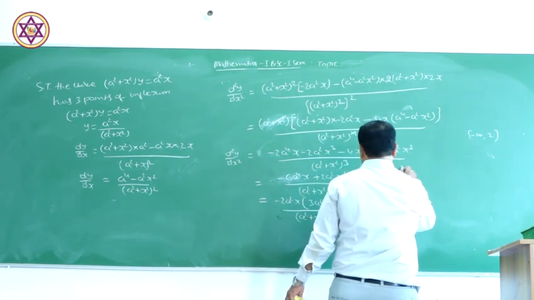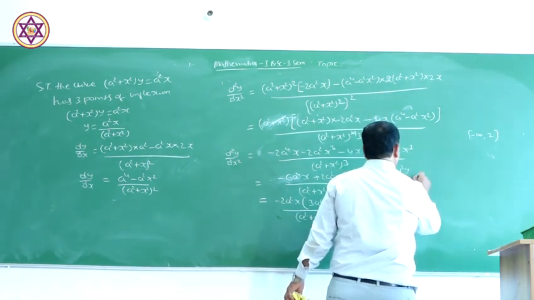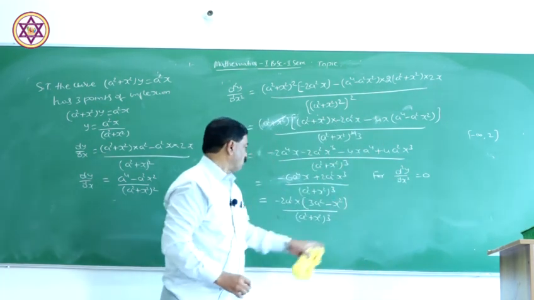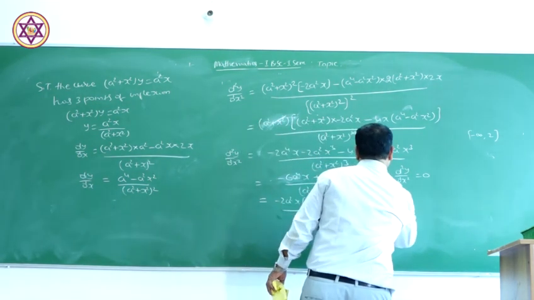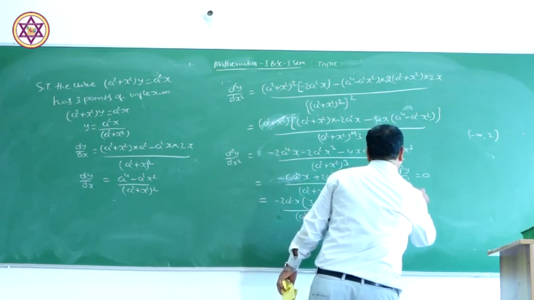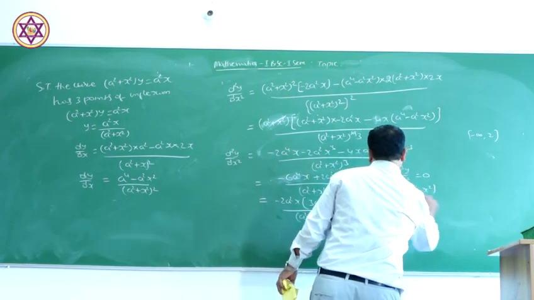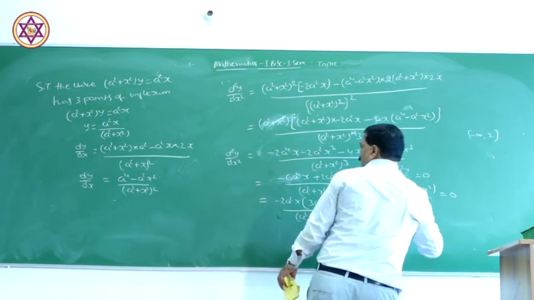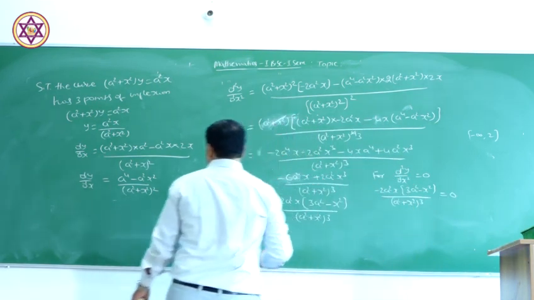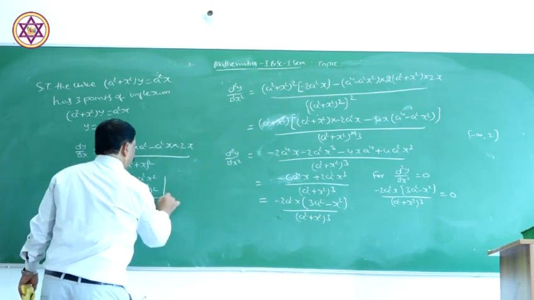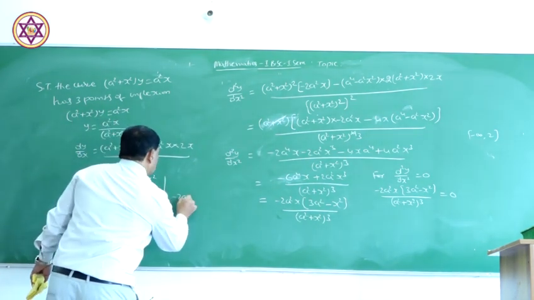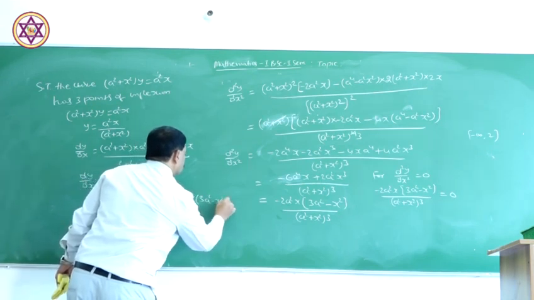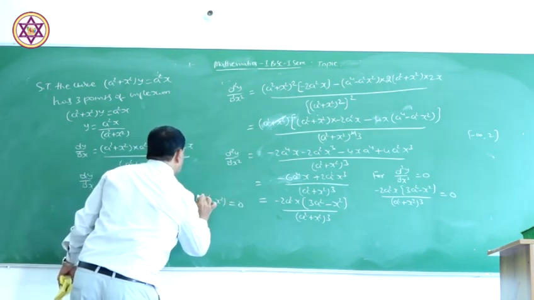Next, d²y/dx² equating to 0. For d²y/dx² equal to 0, 2a²x(3a² minus x²) divided by (a² + x²) whole cube is equal to 0. Therefore, 2a²x(3a² minus x²) is equal to 0.